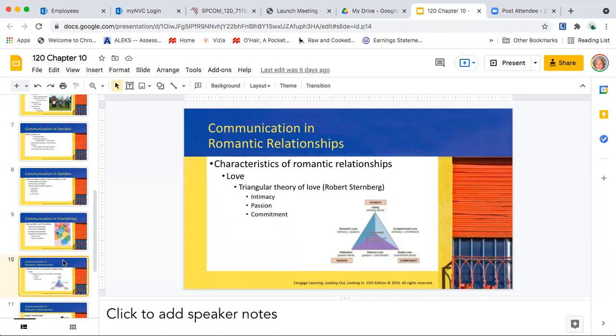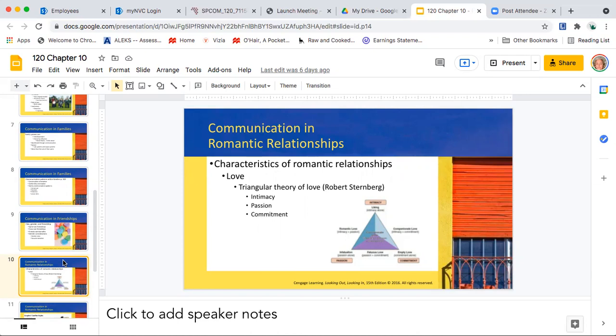Nice graphic. So the triangular theory of love recognizes love with some basic dimensions to it, 3 of them actually. At the top is intimacy, then at the bottom are passion and commitment. This figure depicts 3 components or corners of a triangle and identifies 7 possible combinations resulting from their intersection, right?